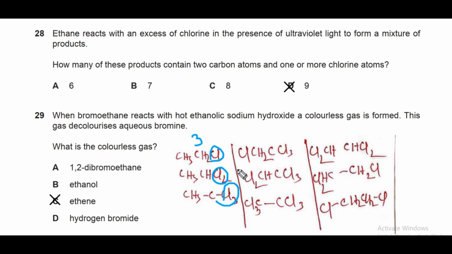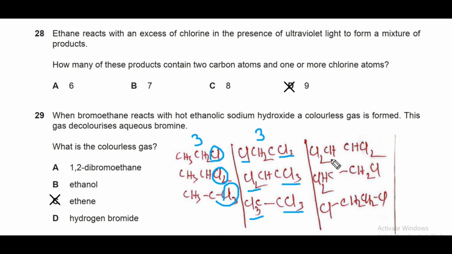Then second, 4 hydrogens replaced by 4 chlorine atoms, and 5 hydrogens replaced by 5 chlorine atoms. Then 6 hydrogens replaced by 6 chlorine atoms. 3 plus 3, 6 compounds.